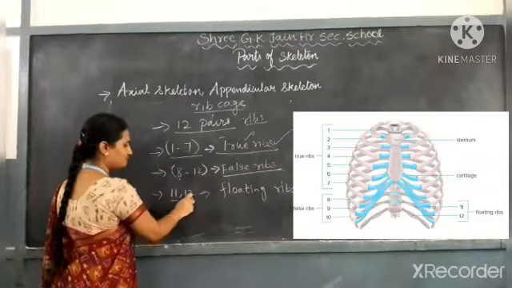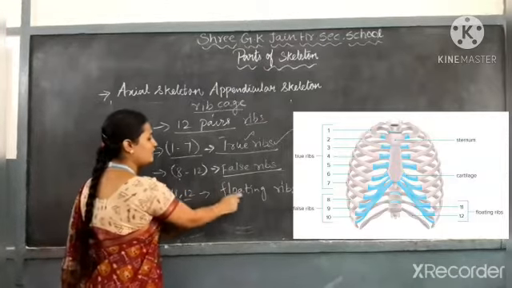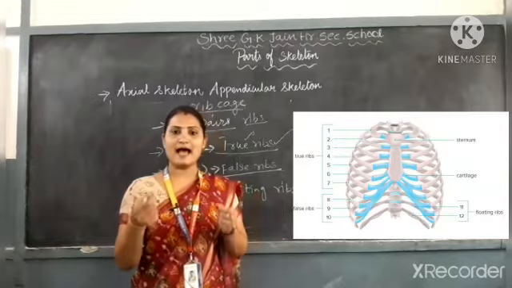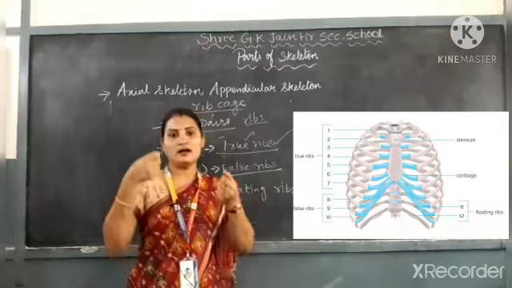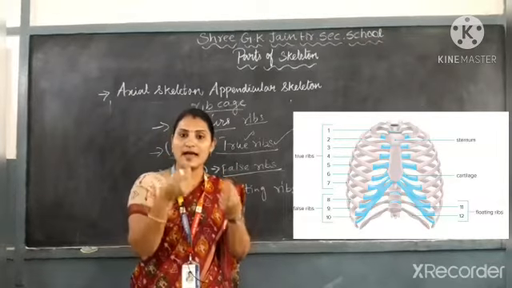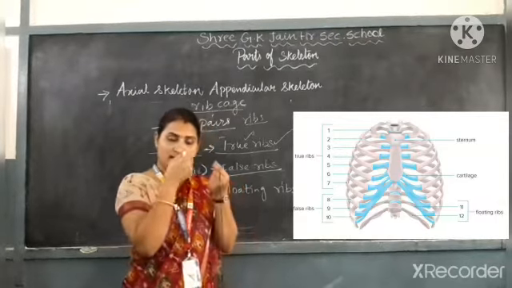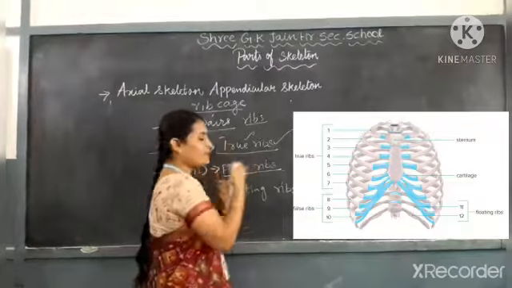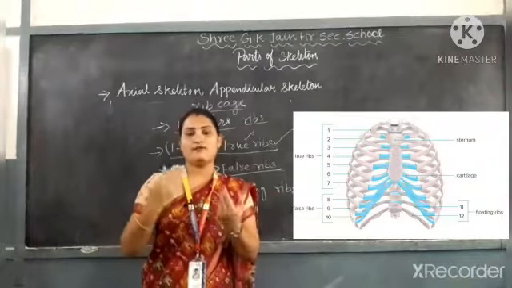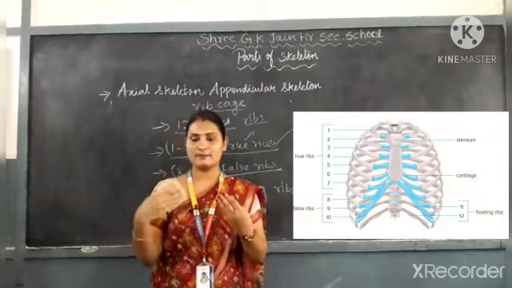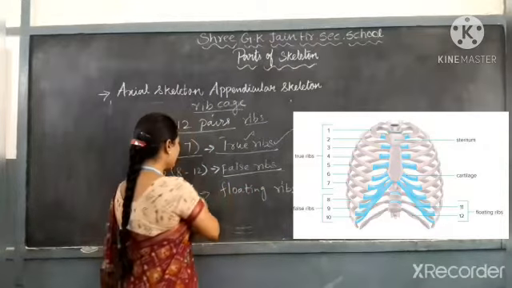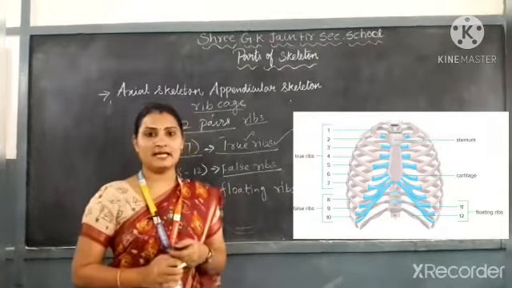The 11th and 12th ribs are called floating ribs, because they have attachment to the vertebral column, but they don't have attachment to the true ribs. They are free at the front part, with no attachment there.